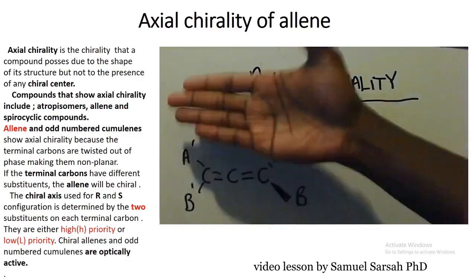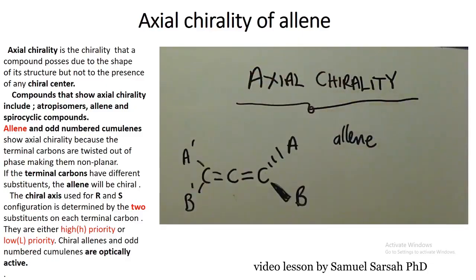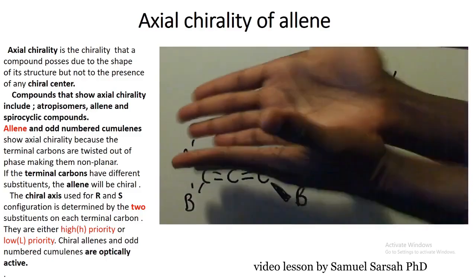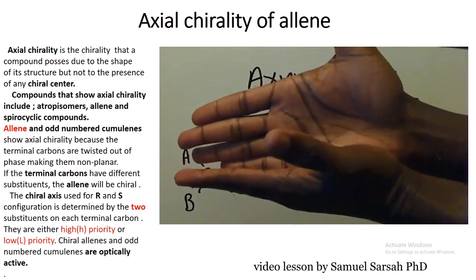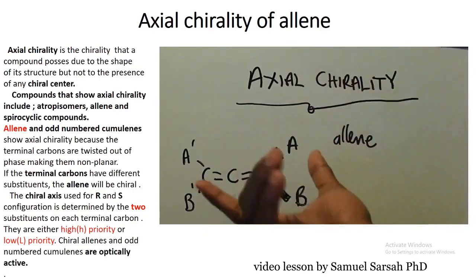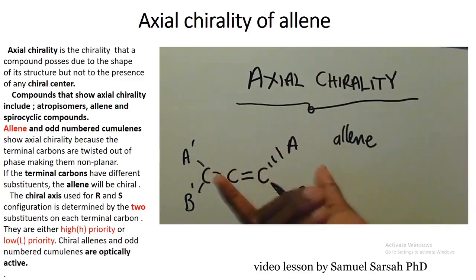But over here, the side is in the plane, so it's like it's twisted like this or like this. So there's no flat plane. If you cut through, you will not get equal halves. So this is chiral, and this kind of situation is what we call axial chirality.